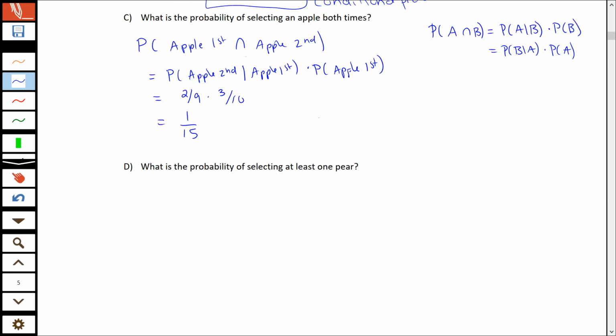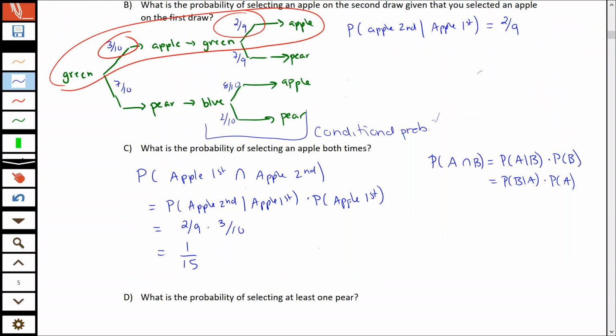Part D says, what's the probability of selecting at least one pear? So the probability of selecting at least one pear is basically any situation here, any set of branches. So this: select a pear and then end up with an apple, select a pear and then a pear, select an apple and then a pear.